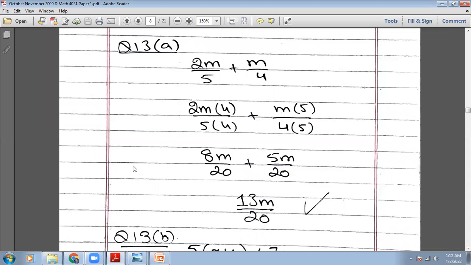And in the second fraction, we will multiply numerator and the denominator both with 5. That will make both the denominators 20. So you will have 8m divided by 20 plus 5m divided by 20. So now you can add the numerators and write a single denominator. So you will have 13m divided by 20.